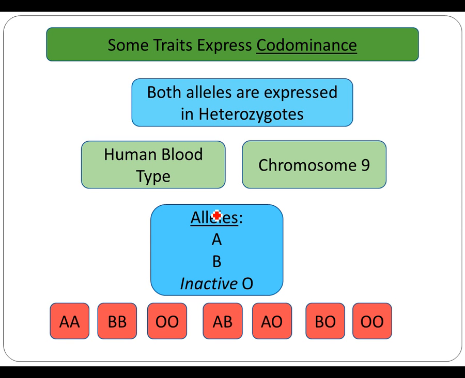If you're Rh negative and receive Rh positive blood, one time you can receive it, but your body will try to attack it and build antibodies. The next time you receive it, your body says no.